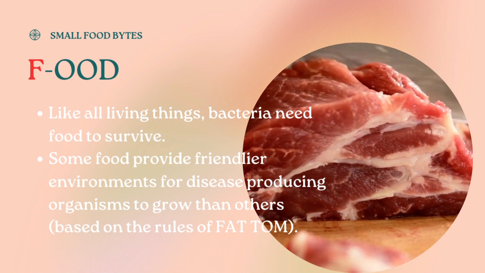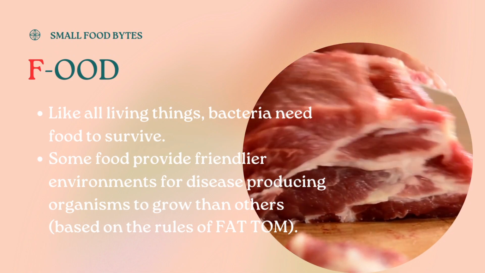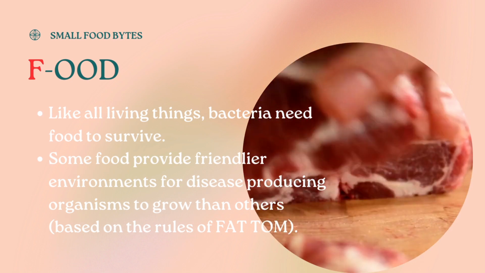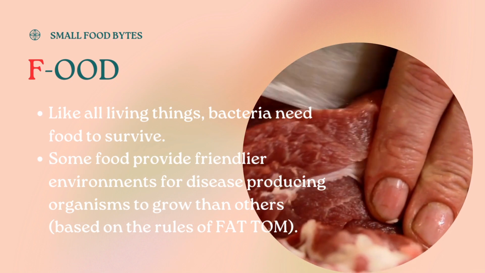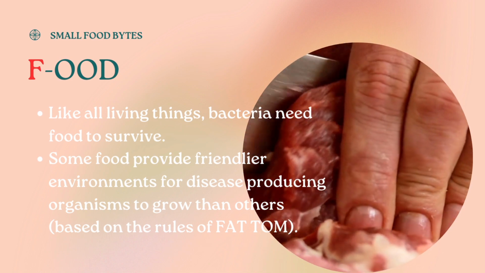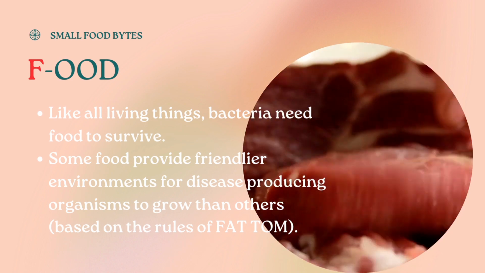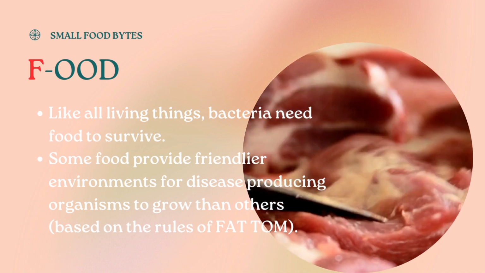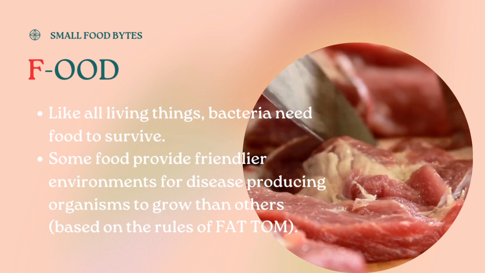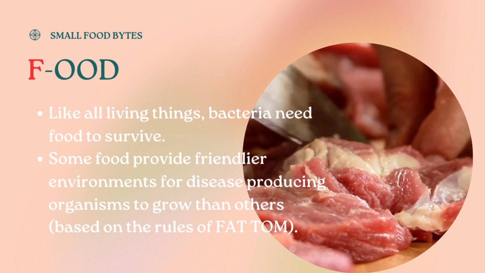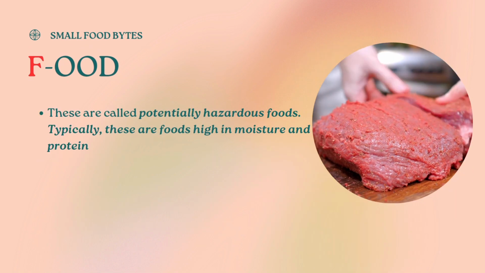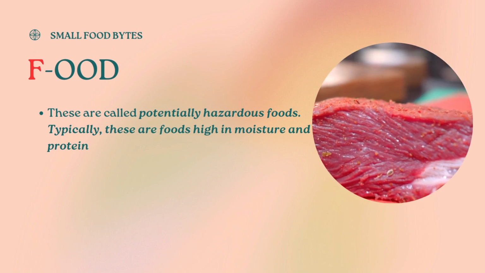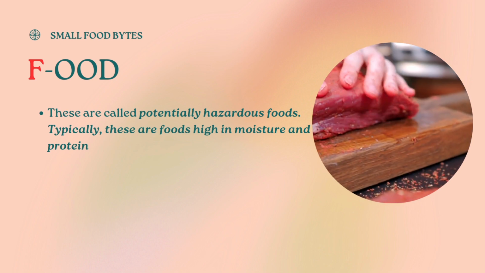Food: like us, or like all living things, bacteria need food to survive. Some foods provide friendlier environments for disease-producing organisms to grow than others, based on the rules of FATTOM. Many microorganisms grow on food rich in protein, like poultry, fish, dairy, eggs, beef tenderloin, pork chop.